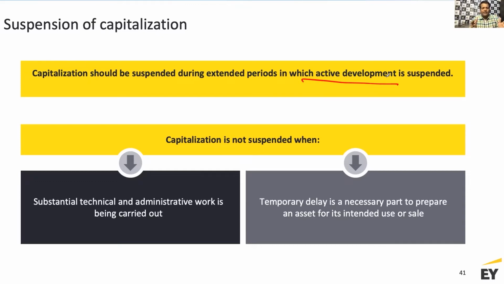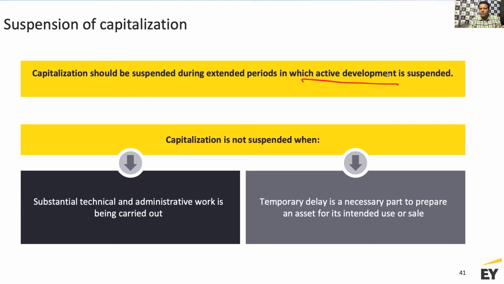Ordinarily, if you stopped doing the construction and now the asset is just lying midway, not being finished, the question is whether the disruption in that construction activity can be considered normal, as part of the construction process.